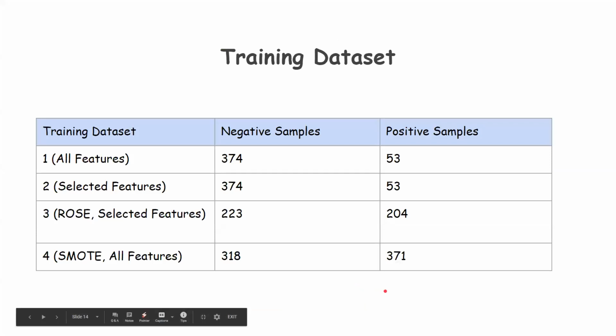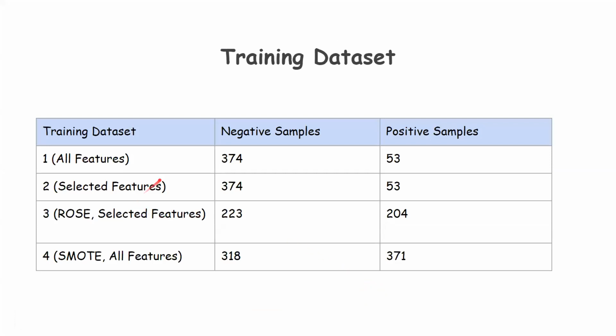And for the training data set, because we have a few training data sets as we mentioned just now, and we also went through PCA and RFE to check what kind of features we should select, we have one data set with all features, the second one with the selected features, and the third one with the ROSE selected features. We did try all features, but it doesn't work out. That's why I didn't put it here.